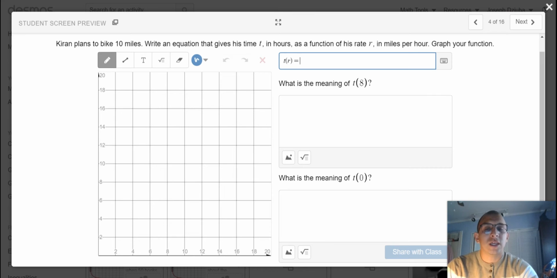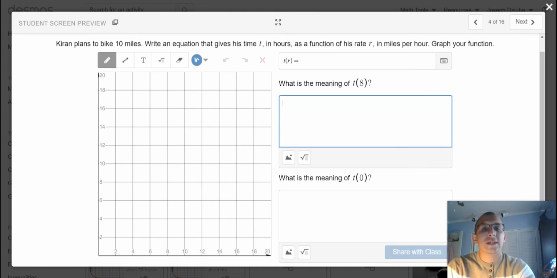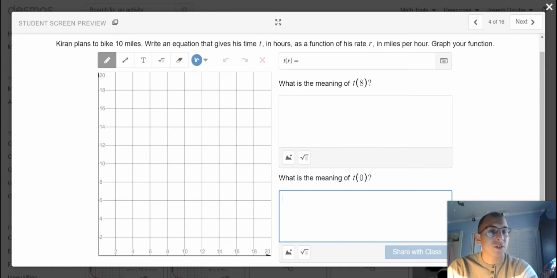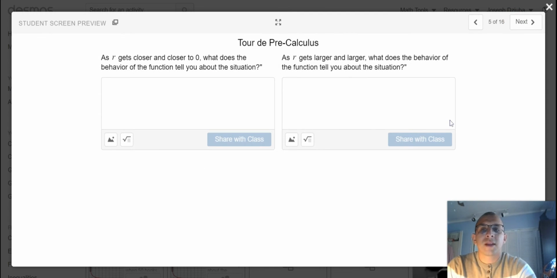After you establish the function that you've created, determine what the meaning of t of 8 and the meaning of t of 0 is. What is the numerical output for those particular inputs, and what does that mean in this particular context? If you successfully graphed your function, you should notice something peculiar as r, our rate, gets closer and closer to 0, and vice versa as r gets larger and larger.